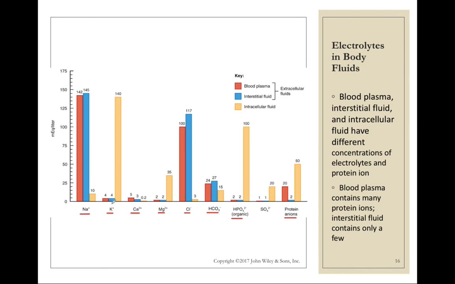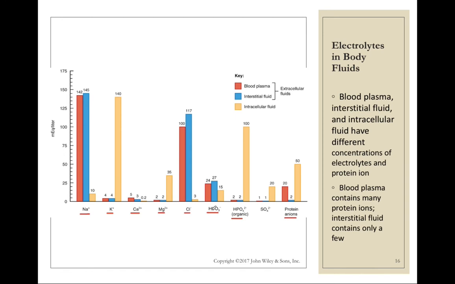And it was potassium that flowed down its concentration gradient towards the outside of our cells. And that's why we see that potassium is in much higher concentration in the intracellular fluid than it is in the extracellular fluid. We'll see that chloride is found in high concentration in the same places that sodium was found, as sodium chloride, which is table salt, is our body's main way of capturing these ions.